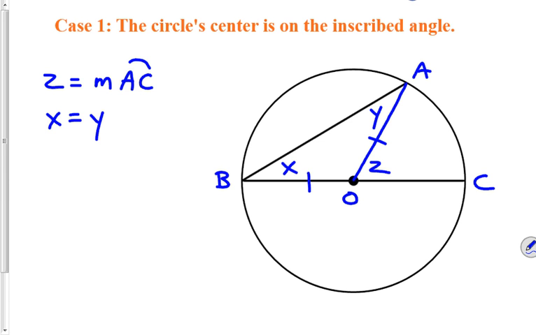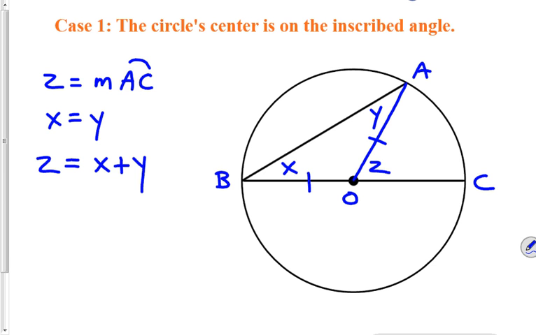So we can say X equals Y. Not only is Z the central angle, but it's also an exterior angle to triangle ABO. And by the exterior angle theorem, we know that any exterior angle is equal to the sum of the two remote interior angles. Well, here the two remote interior angles are X and Y. So we know that Z equals X plus Y.